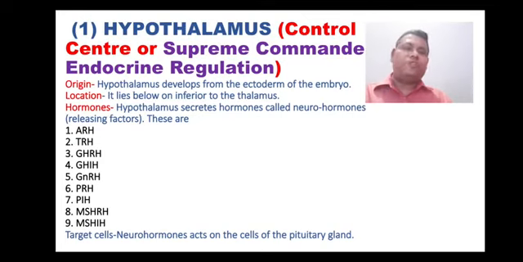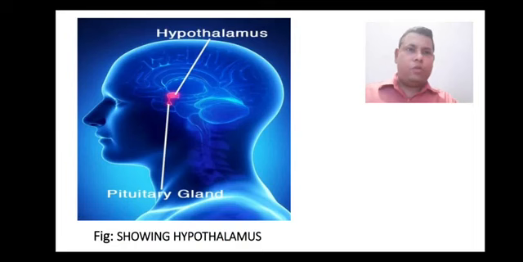It inhibits the secretion of melanocyte stimulating hormone from the intermediate lobe of the pituitary gland. Target cells of neurohormones: they act on the cells of the pituitary gland. You can see the hypothalamus showing in this diagram, where you can identify its exact location.